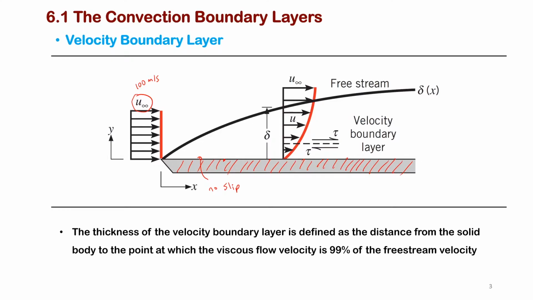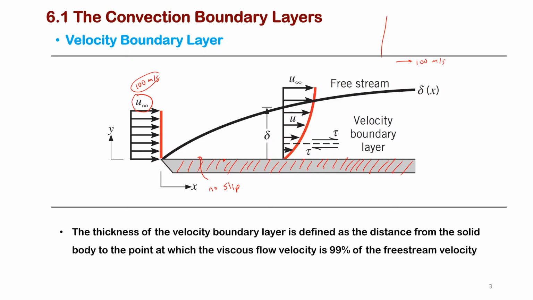And if you go infinitely far away from the plate, the velocity will be the bulk velocity because the fluid is not going to feel the surface boundary condition. So it's going to flow in an unperturbed manner. So the velocity far away from the plate will be 100.